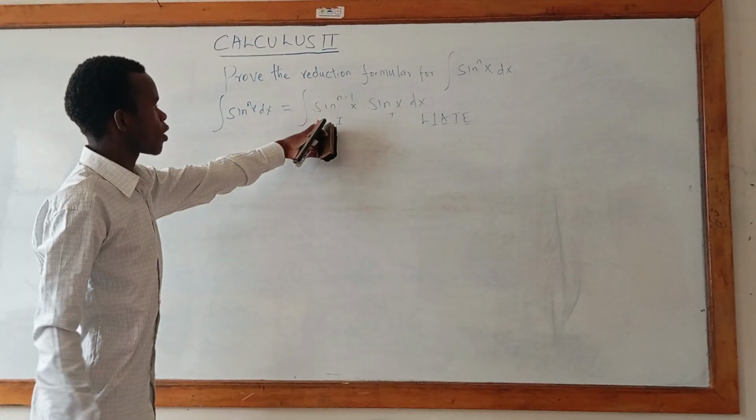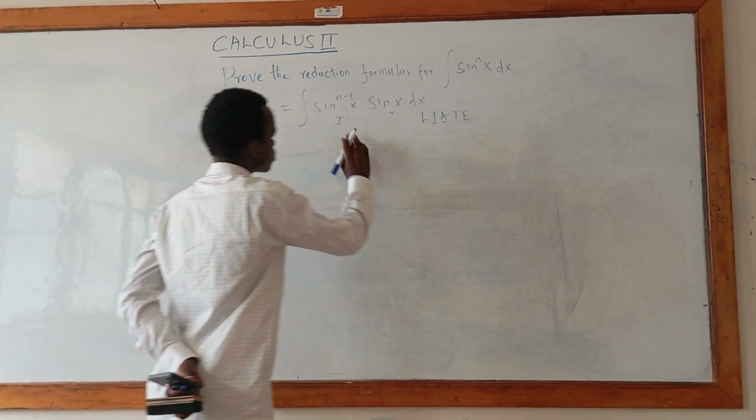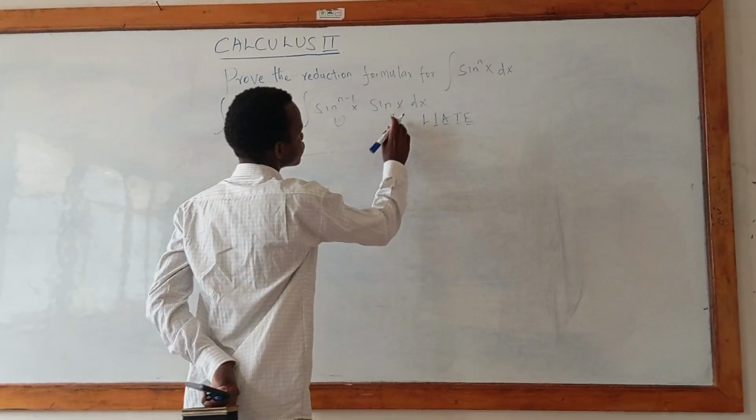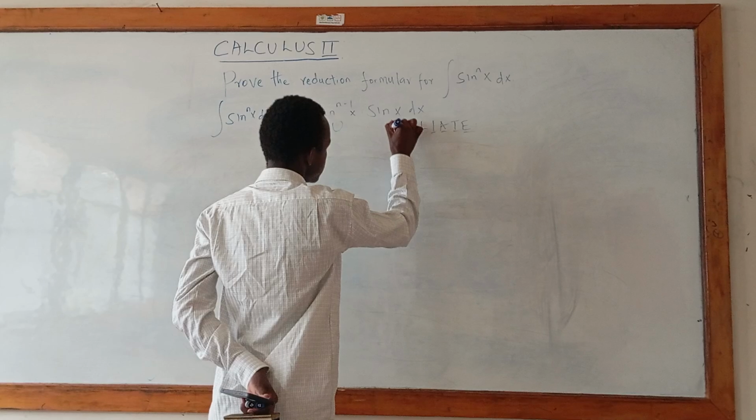So from our integral, we have an inverse trigonometry. It starts, so automatically this will be our u. Again, this is trigonometry, it follows, so this is dv.